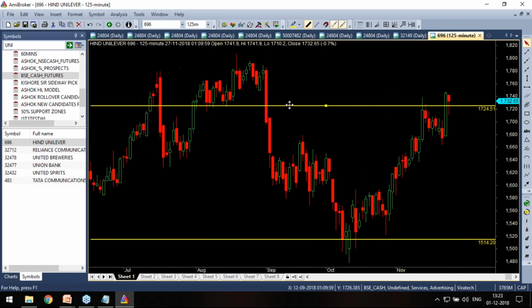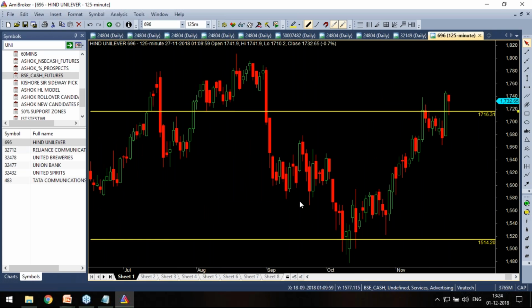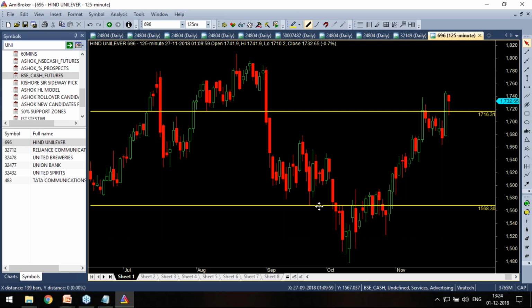Now this is S1, support one. Price broke down, formed a bottom. Is this the one? No. Is this the one? Yes, this is the one. S1, S2, I'll remove this one. S2, went up, formed a base and broke. So a series of zones, a lot of congestion, that's why it flopped. It didn't create that classic pattern.